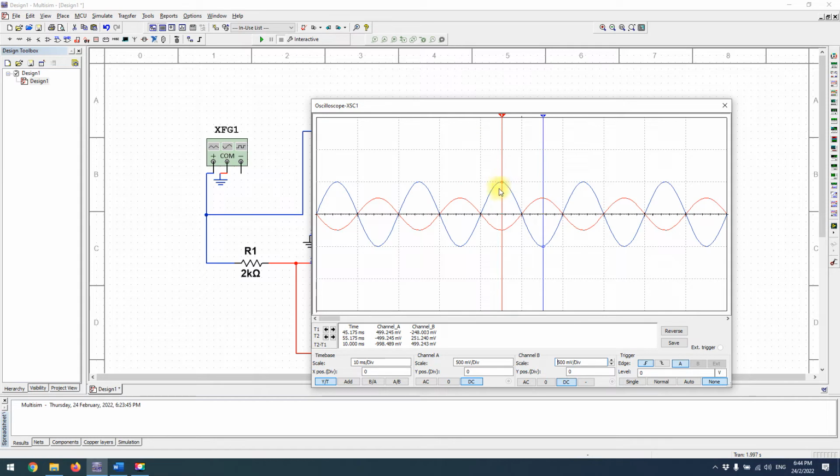So now this is the maximum Y point and this is the minimum Y point. Your maximum input is 499.254 millivolts, and your negative input is negative 499.254 millivolts.